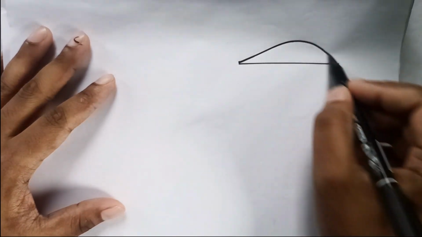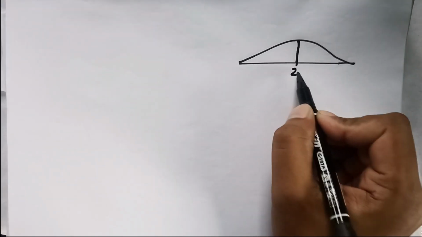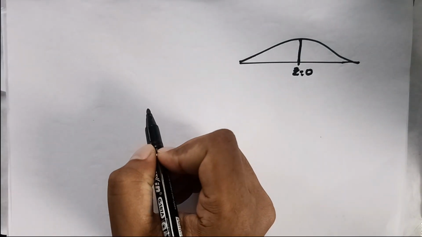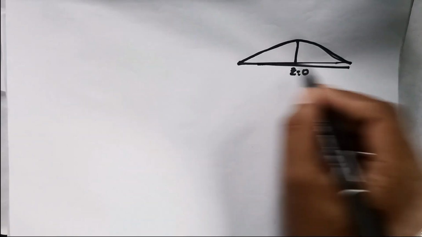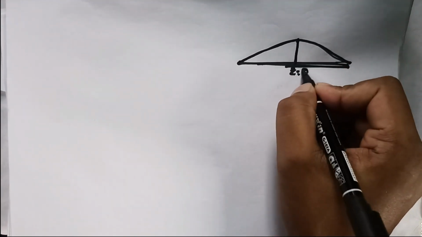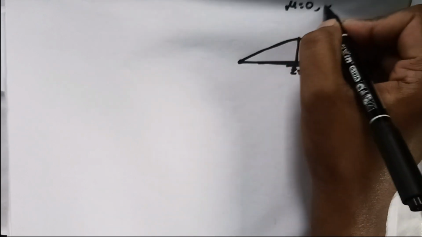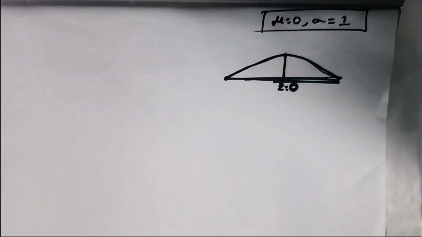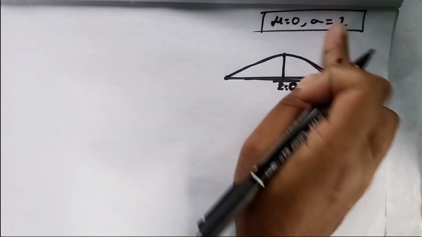Now, consider this graph. Our z here is 0 because we converted our distribution to a standard distribution. So the mean will be 0 and the standard deviation, sigma, is 1. That is our standardization, and we take a common scale of mean 0 and standard deviation 1.